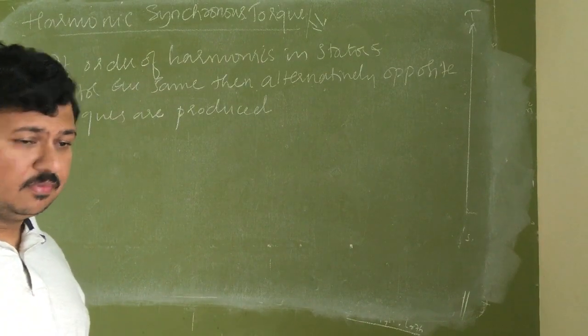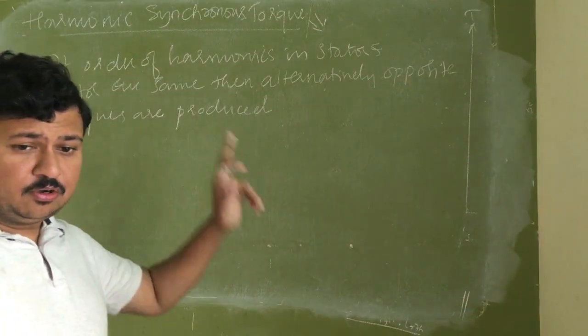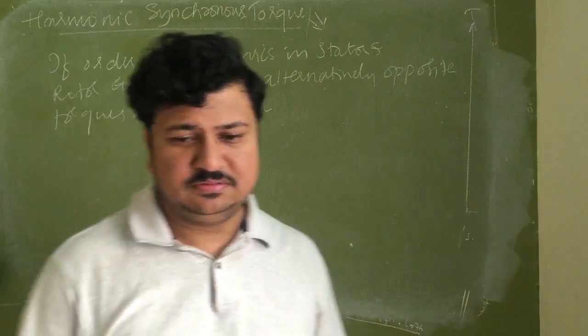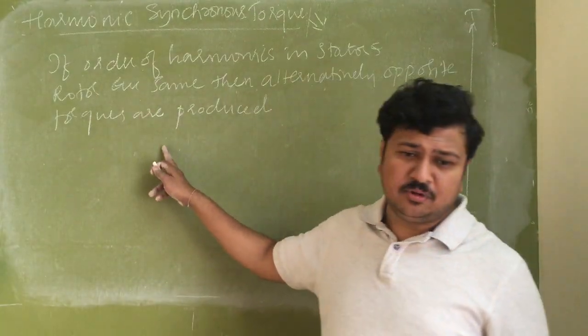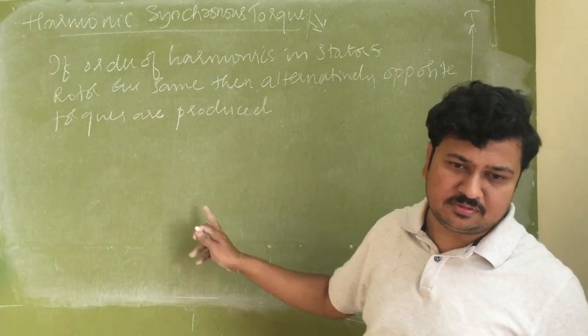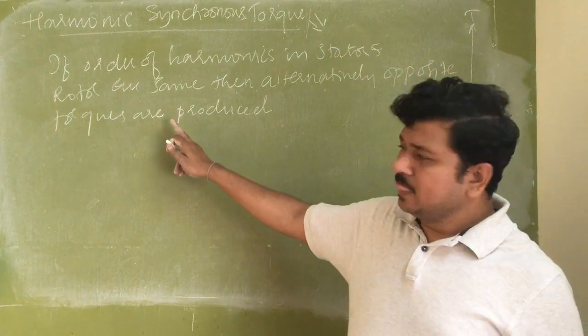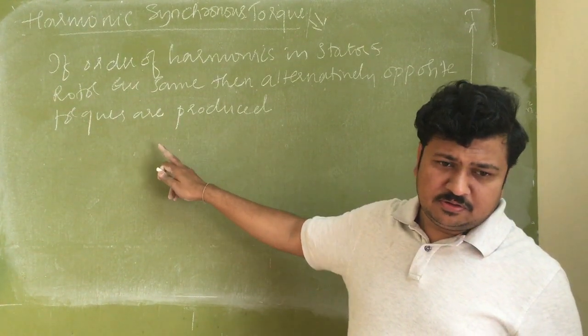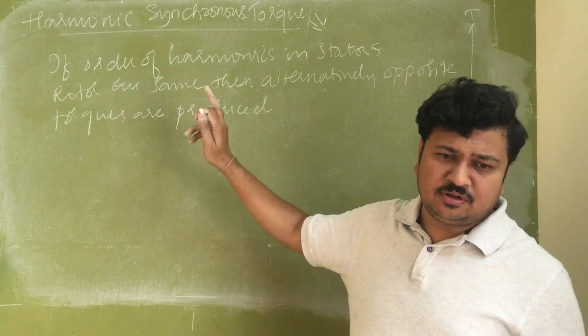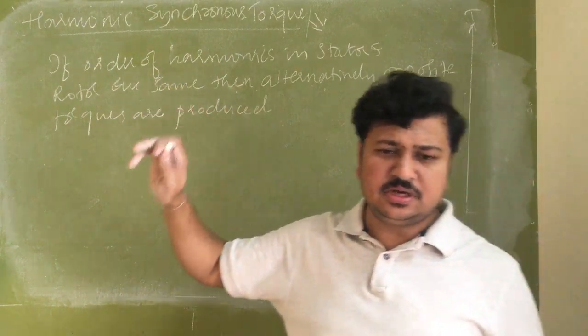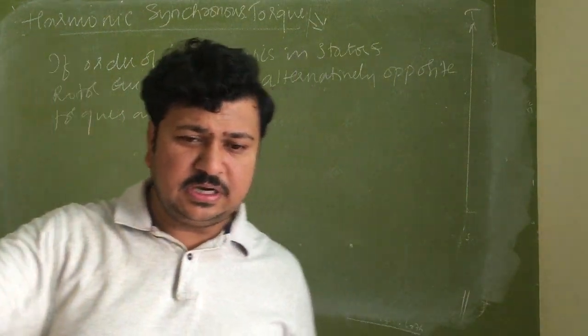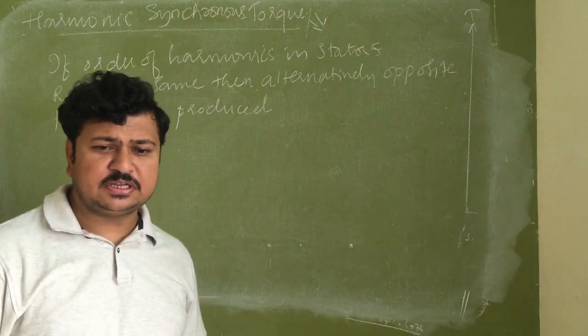Now if both stator and rotor are having the same speeds, that is, both stator harmonic and rotor harmonic are of the same order, that is, rotor is of 7th order and stator is of 7th order, rotor is of 5th order and stator is of 5th order, then both stator and rotor harmonic speeds are the same.